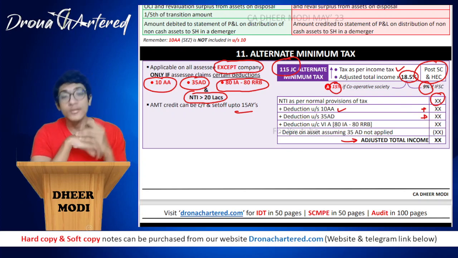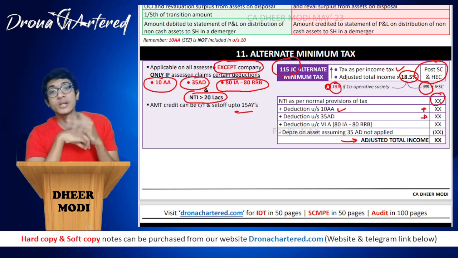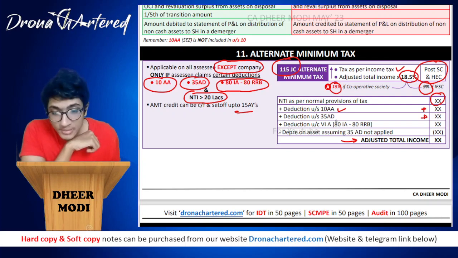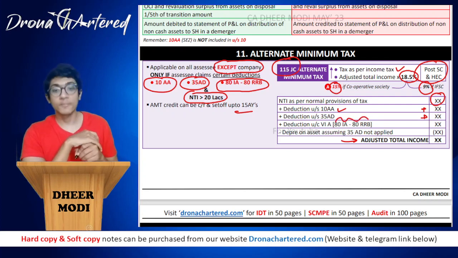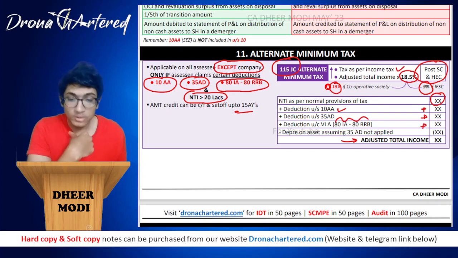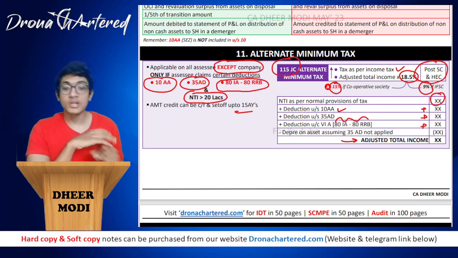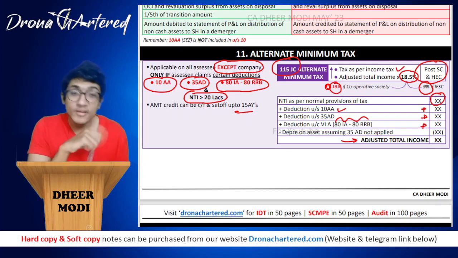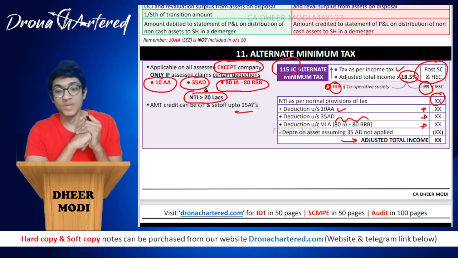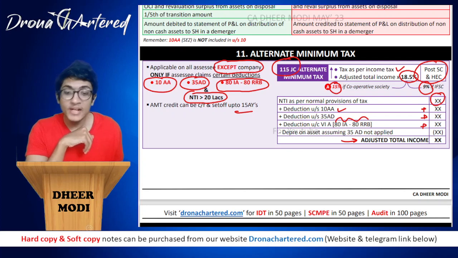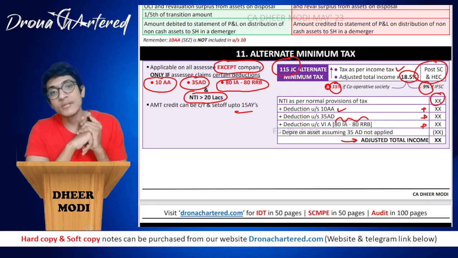And then if you have taken any deduction under chapter 6A, these are your income based benefits, these will also have to be added. Any depreciation on asset, assuming 35AD not applied, because 35AD gives you 100% depreciation. So what we have done, we have added back the entire benefit that we have received under 35AD.